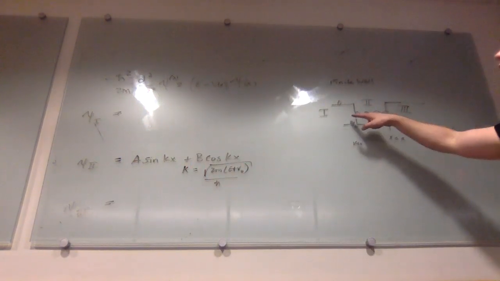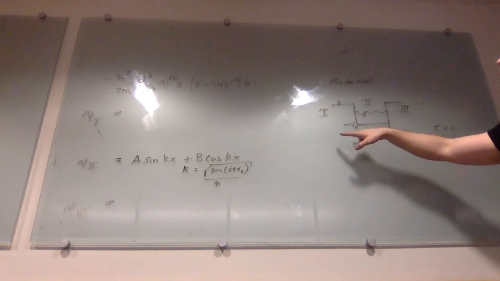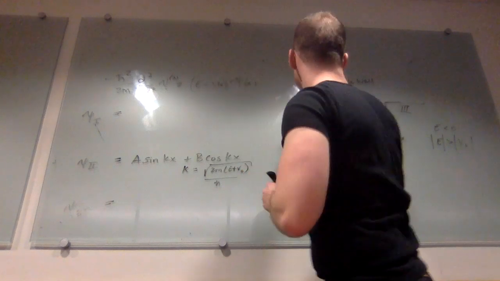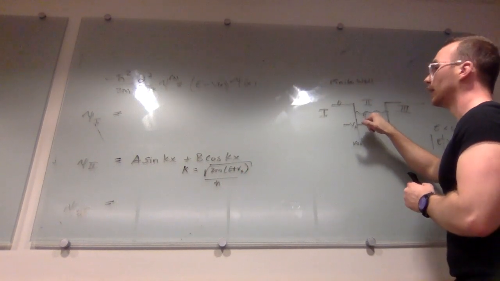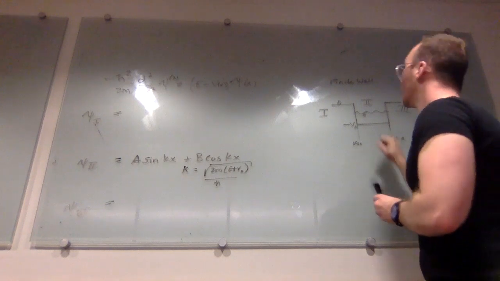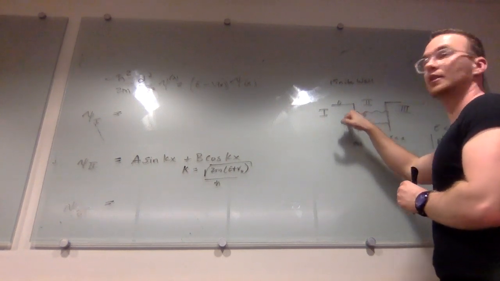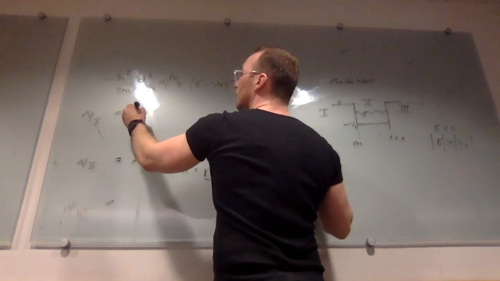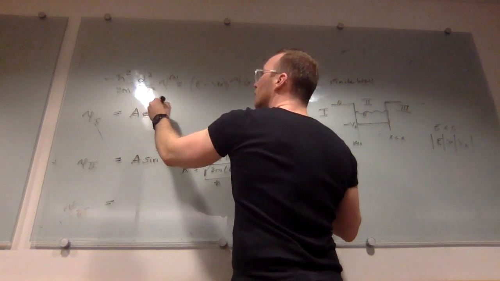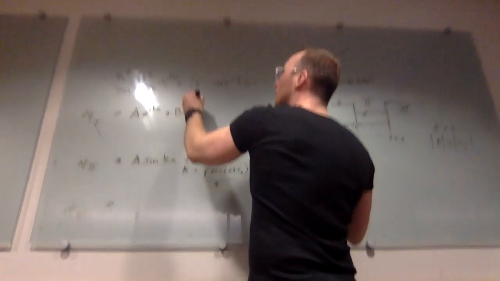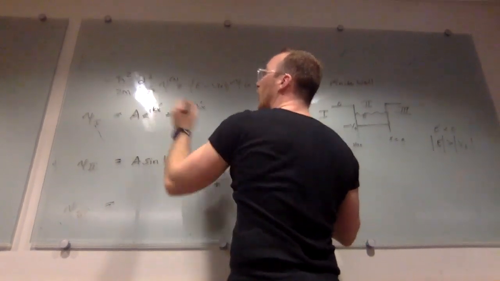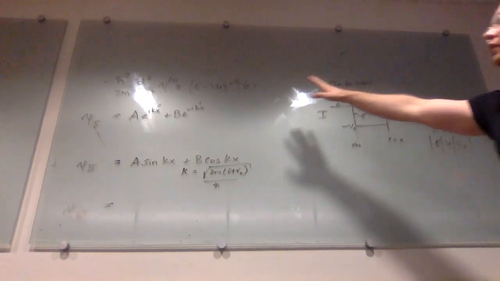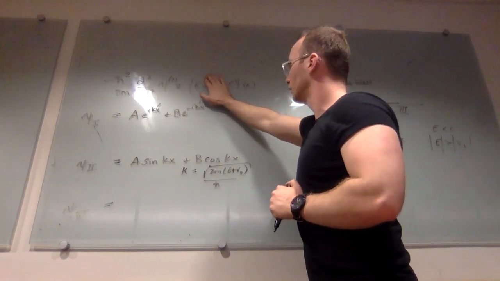Now remember, E is negative, it's less than 0, and so we're going to have k prime. So that's just the solution to this with no V, right?